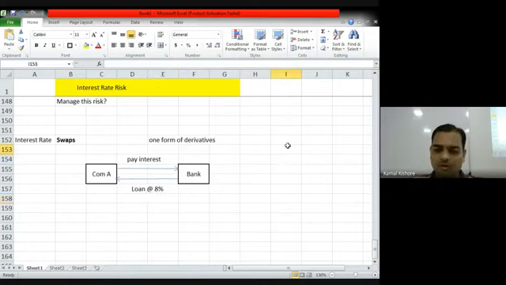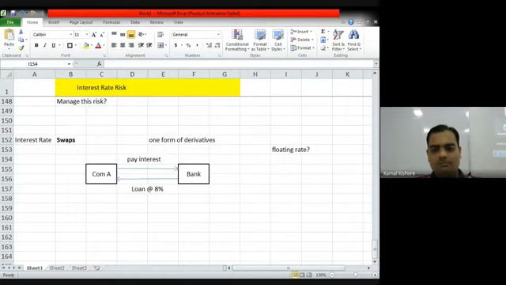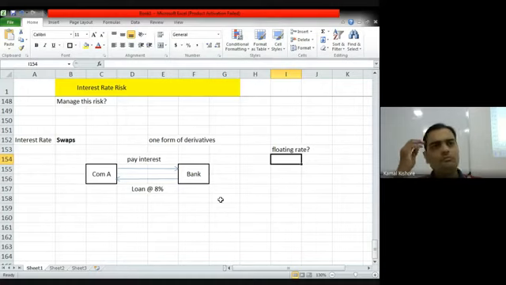Now there is something called a floating rate. What is this floating rate? It will keep changing day by day, based on certain benchmark rates.